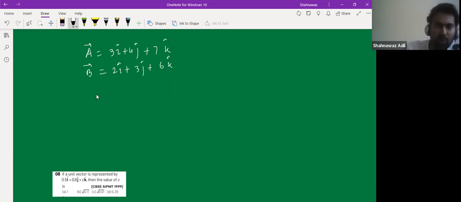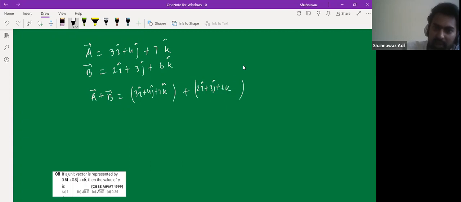Okay. So what will be the resultant of this vector, or what will be the addition of these vectors? The addition will be simply 3i plus 4j plus 7k plus 2i plus 3j plus 6k.